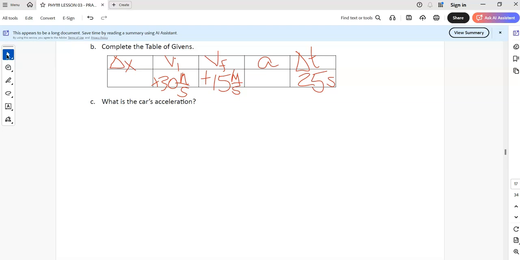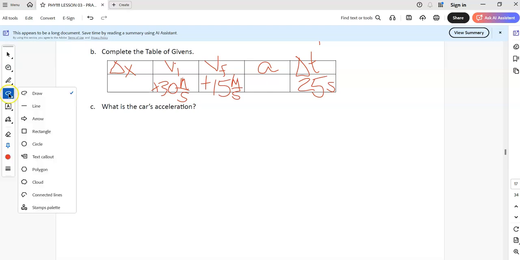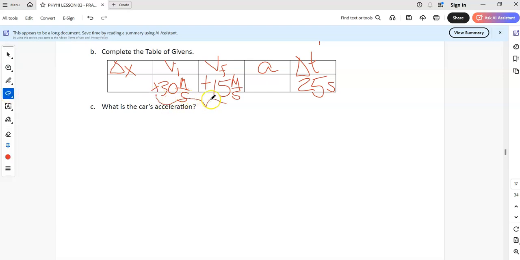So that means we have 3 pieces of information here. The 2 velocities, the change in time, and we're asked for an acceleration. So we want the one formula of the kinematics set of 5 formulas that has these 4 variables in it. We don't need one that has displacement in it because we don't know displacement and we're not asked for displacement.